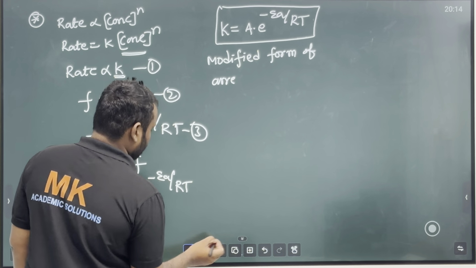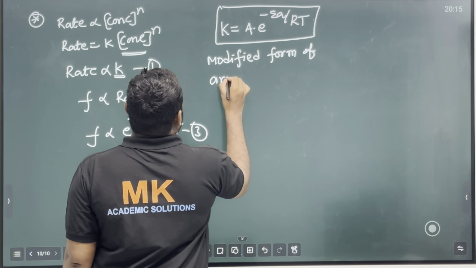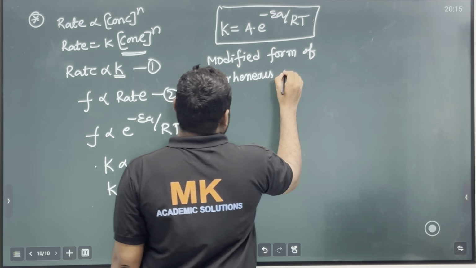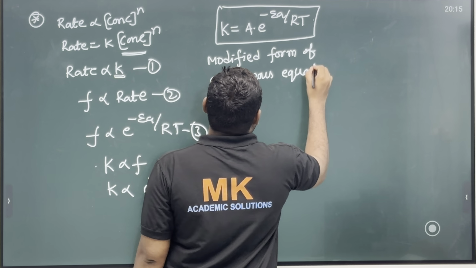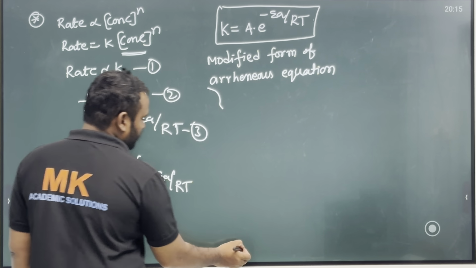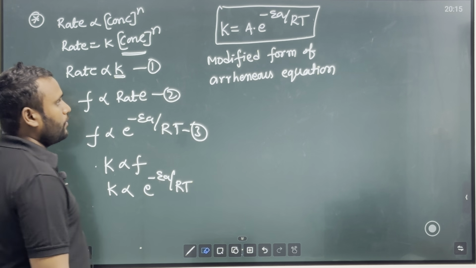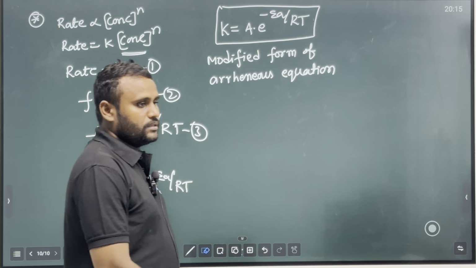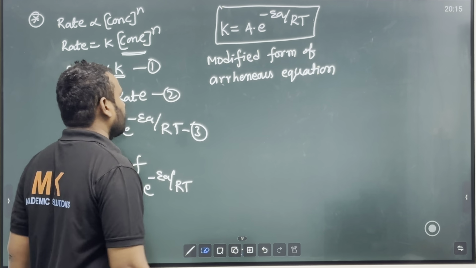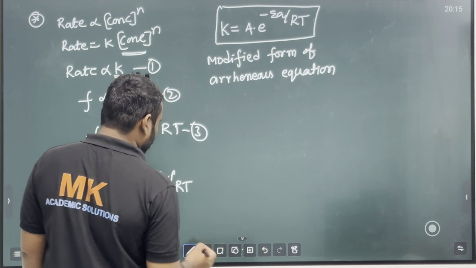How are we going to take the modified form of the Arrhenius equation? Simply, we are going to apply the logs. In this Arrhenius equation, we apply the log, or simply the natural logarithm.